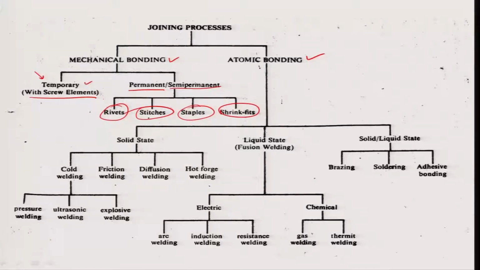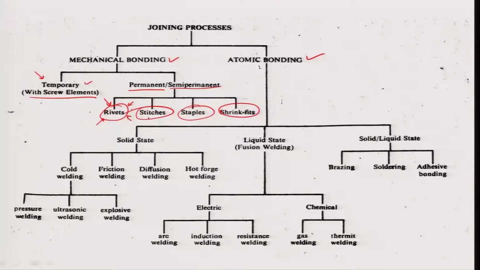For example, in the case of rivets, without destroying the rivet or breaking the rivet head open, you can't really undo the joining process. So it is some kind of semi-permanent, intermediate kind of joining. That is how semi-permanent joints can be interpreted.